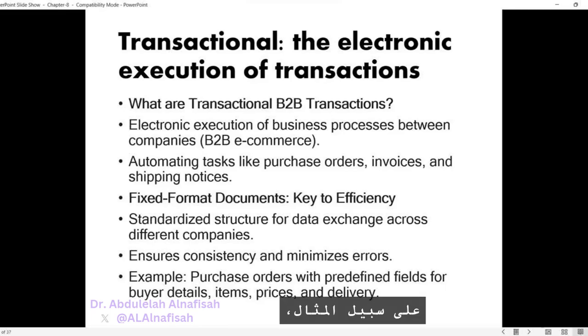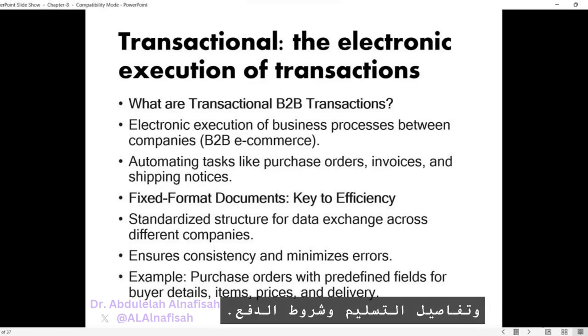For example, a purchase order transaction may involve the electronic transmission of a standardized purchase order document that includes information such as the buyer's details, the items to be purchased, quantities, prices, delivery details, and payment terms.